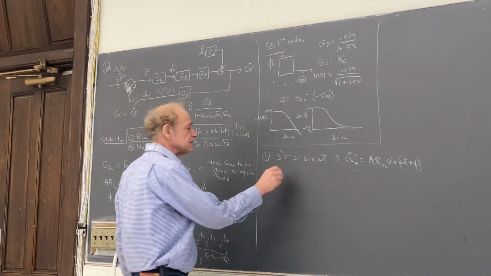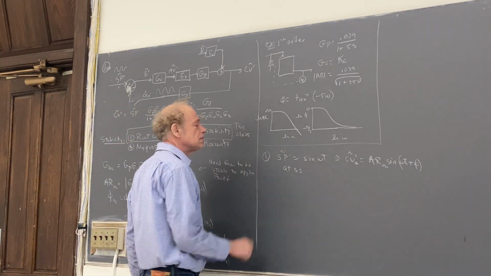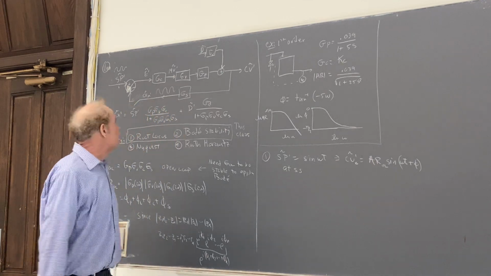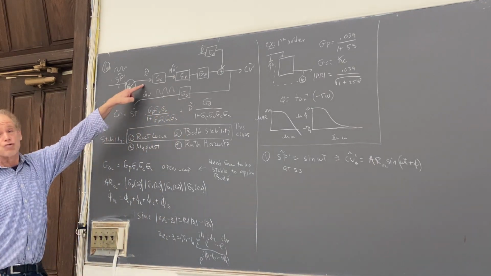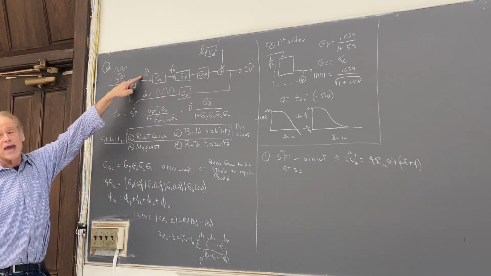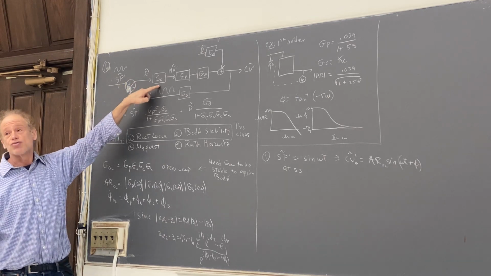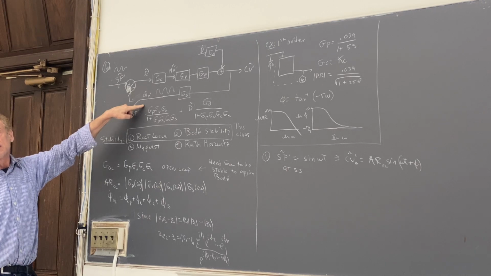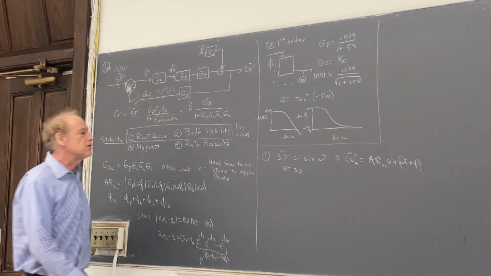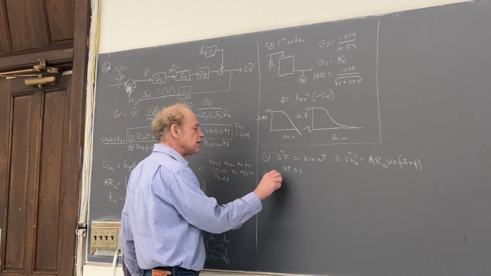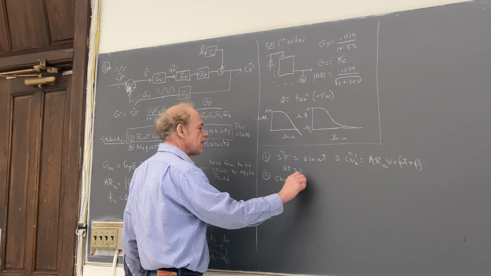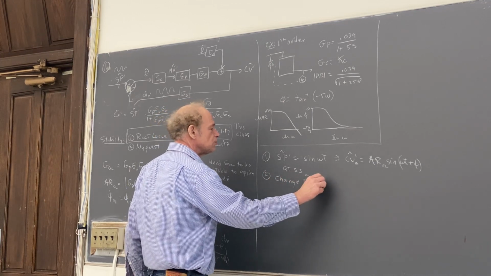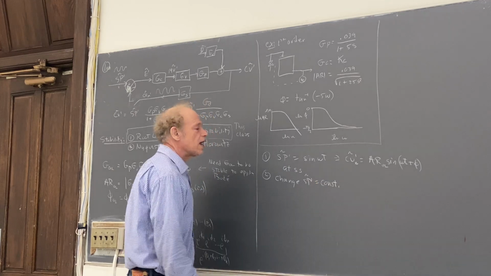And this is at steady state. Now, remember, since this control loop, when I close the loop, calculates the error, and the controller is based on the error, I take SP prime tilde and I subtract CVM prime tilde. So once I'm in steady state, I change SP prime tilde to a constant, and I close the loop.